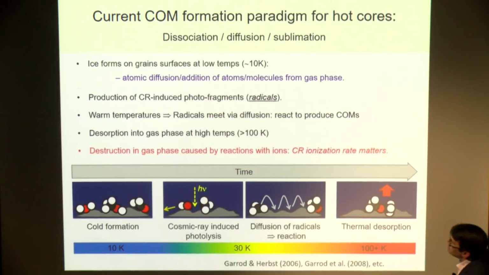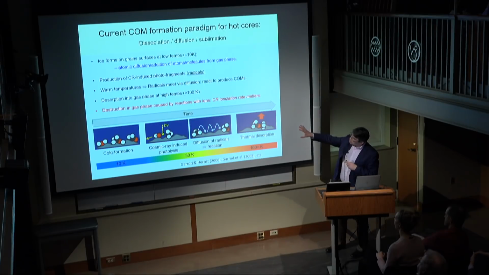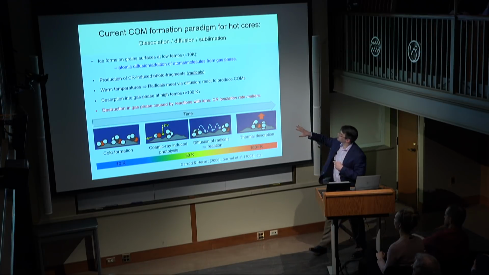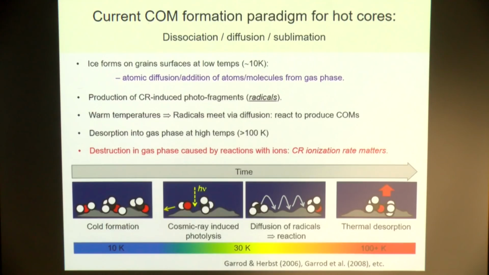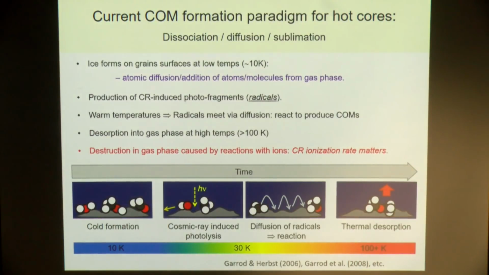All right, so I will make one final point, which we'll come to at the end, which is that it's not just formation that is affected by the cosmic rays. It's actually destruction of gas phase molecules can be caused by cosmic ray ionization as well.